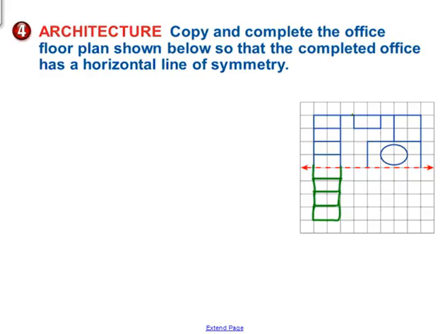So this point right here, not a very good oval, sorry about that.